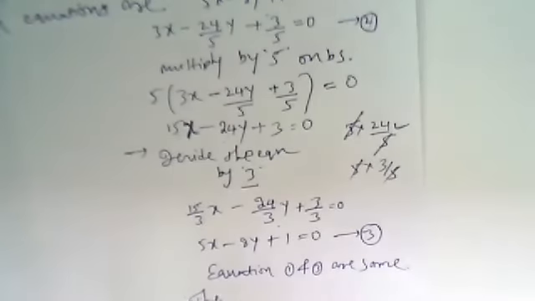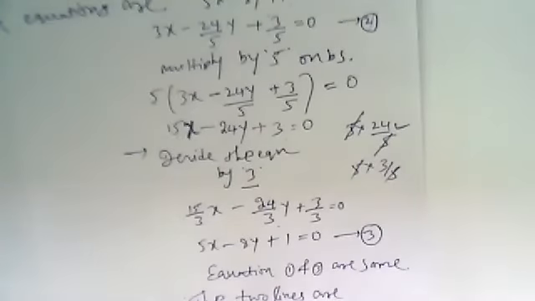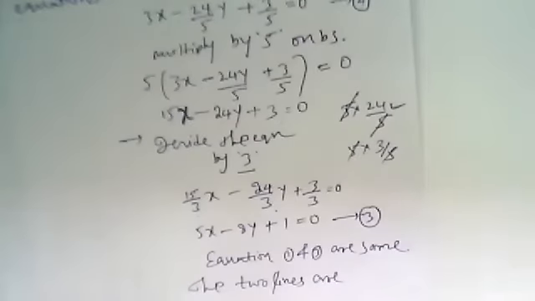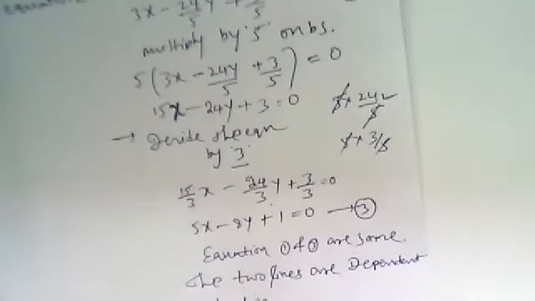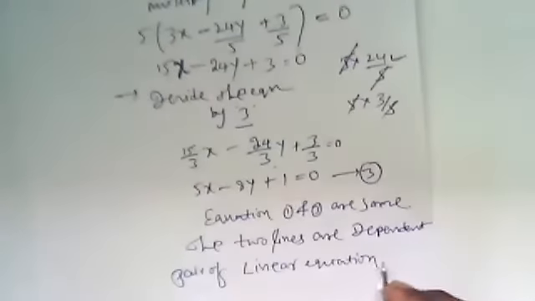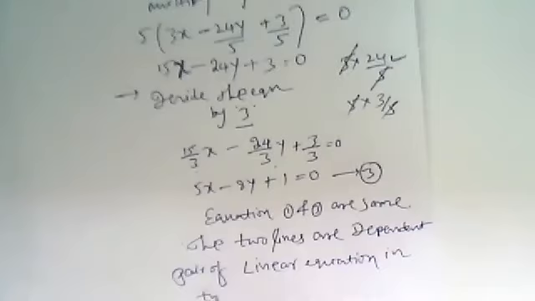Therefore, the two lines are a dependent pair of linear equations in two variables.